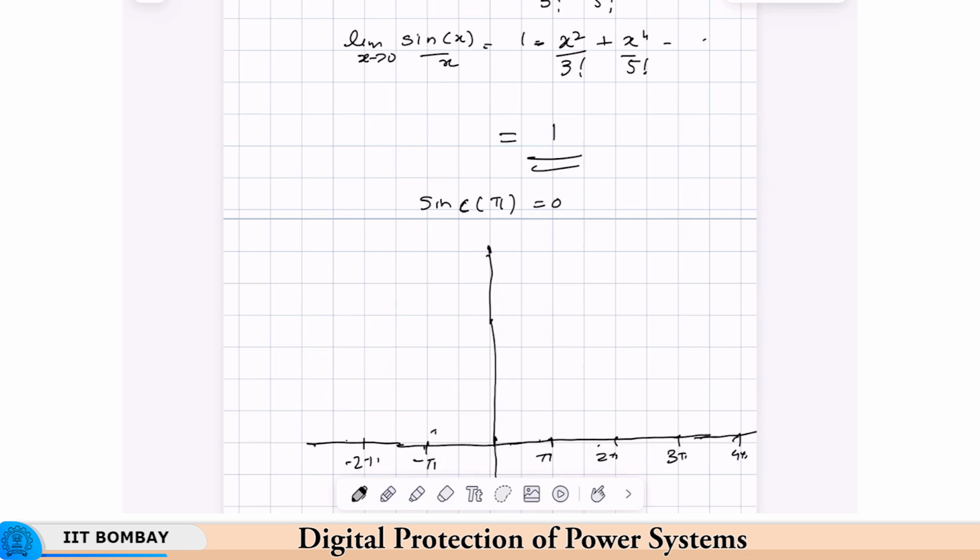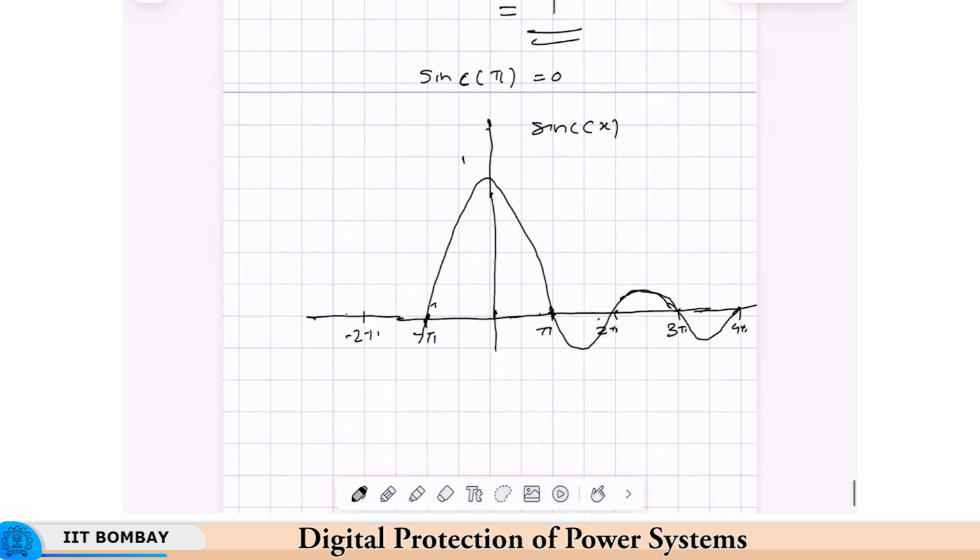So it will look like this. This is 1, okay, and then it will be reducing. It may not look like that here, but it will get smaller and smaller. The lobes will get smaller and smaller. Why is that?